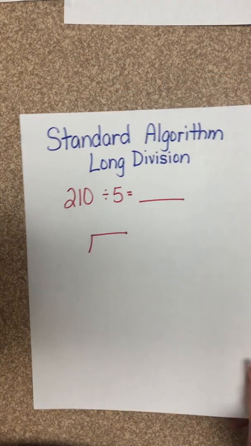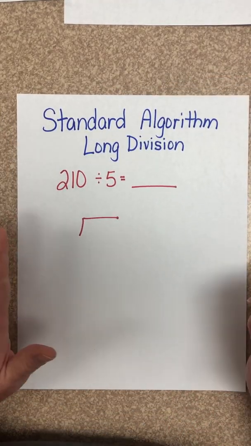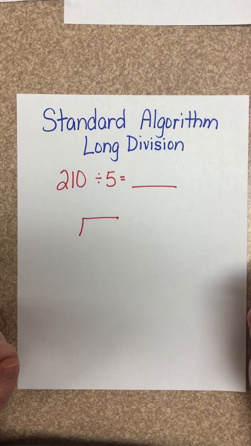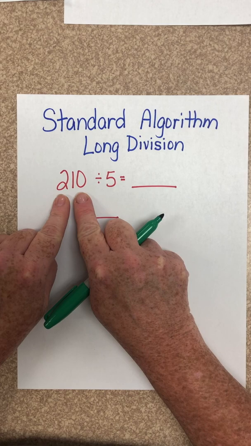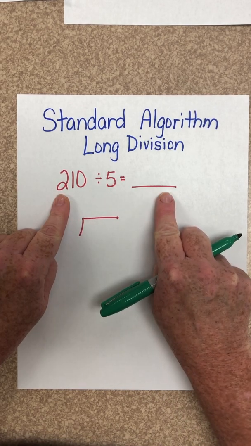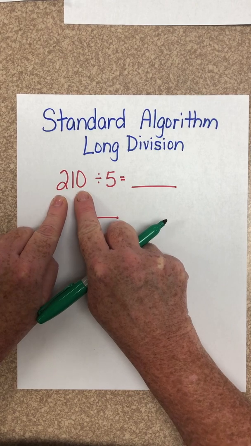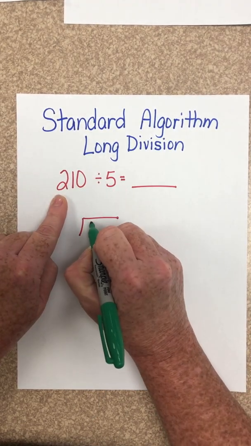Now let's look at an example using the standard algorithm, commonly referred to as long division. The problem I have written is 210 divided by 5 equals, and we're going to find that answer. The first number is the dividend. It goes inside the box.